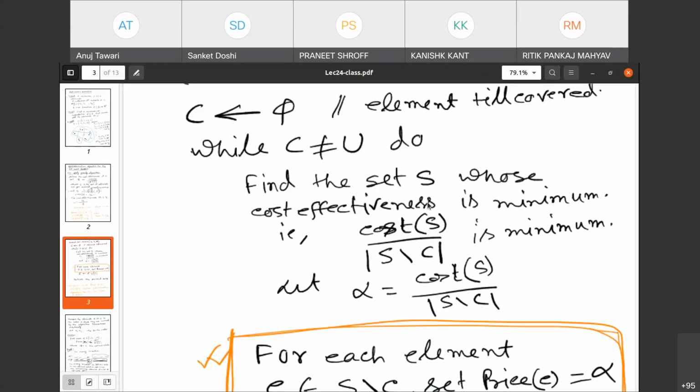In what cases can this algorithm not provide the exact solution?